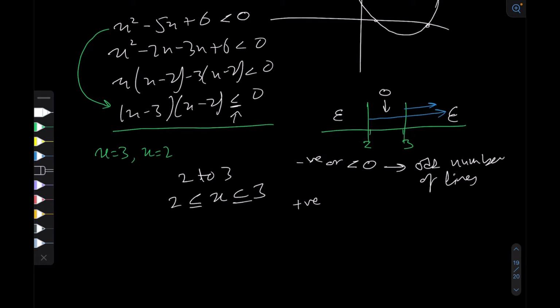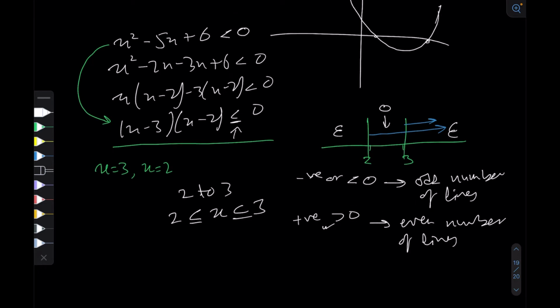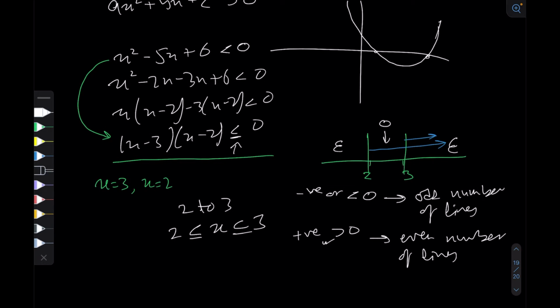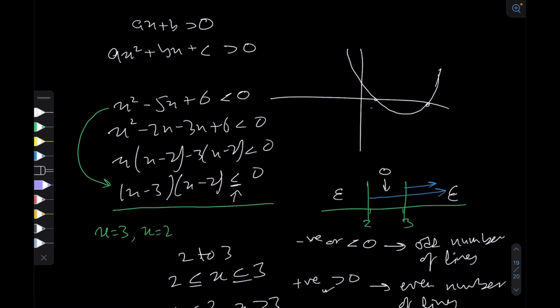For positive, we will look at the region which has an even number of lines. And so that region in this case would be x being less than 2 and x being greater than 3. If we look at our graph, this is 2, this is 3, it makes sense that this region is where it's negative, and this region is where it's positive.